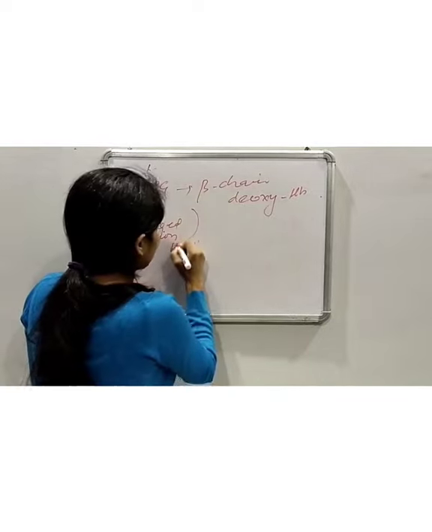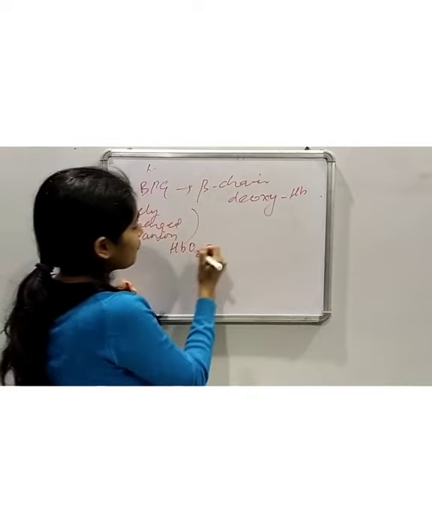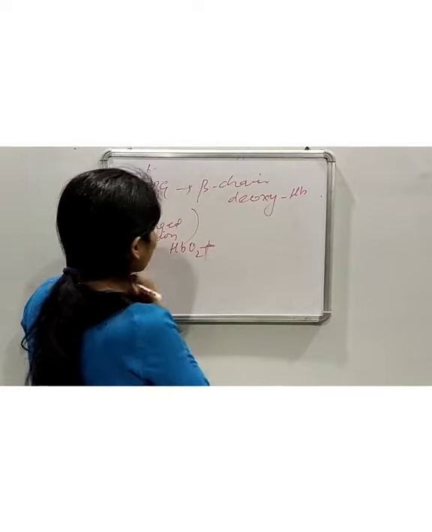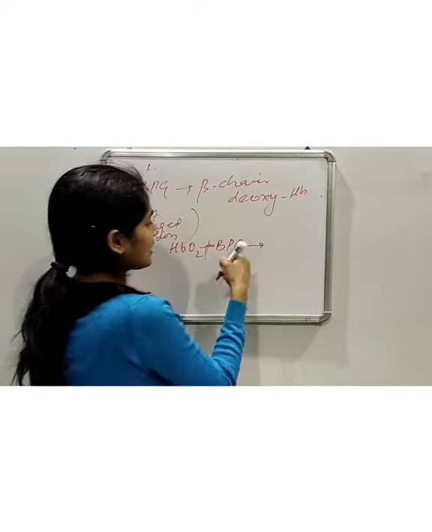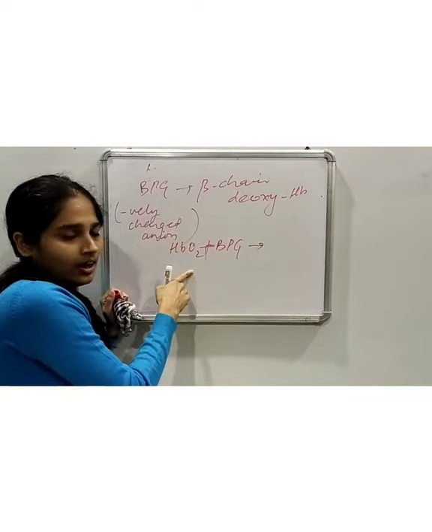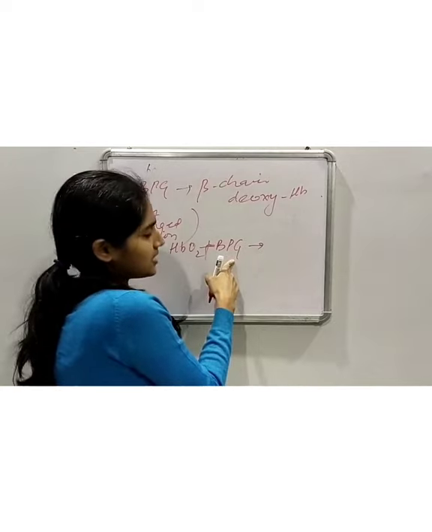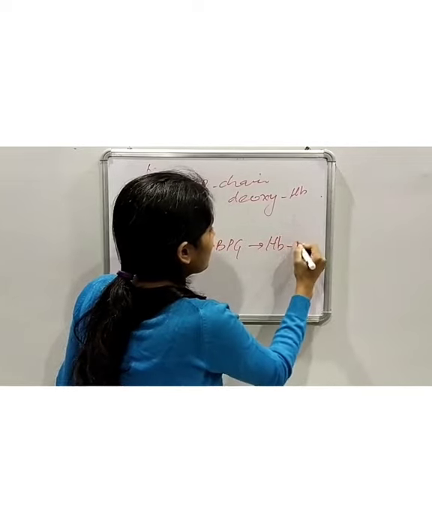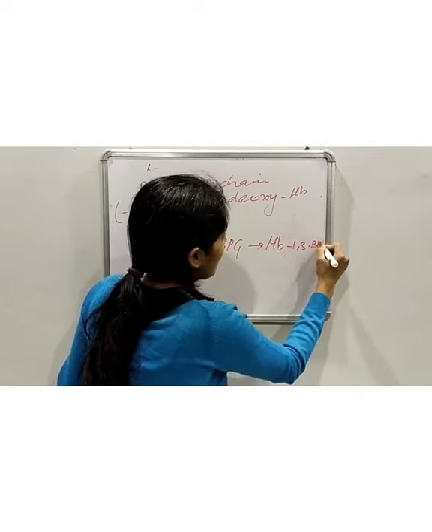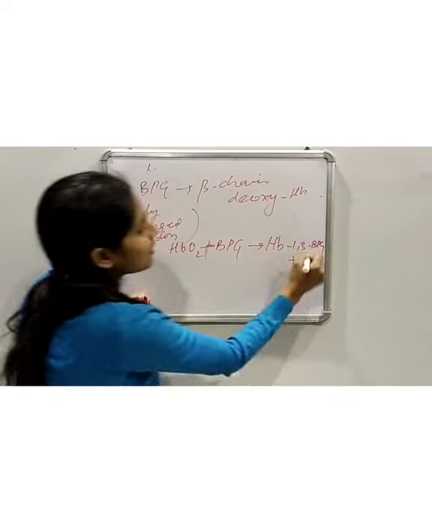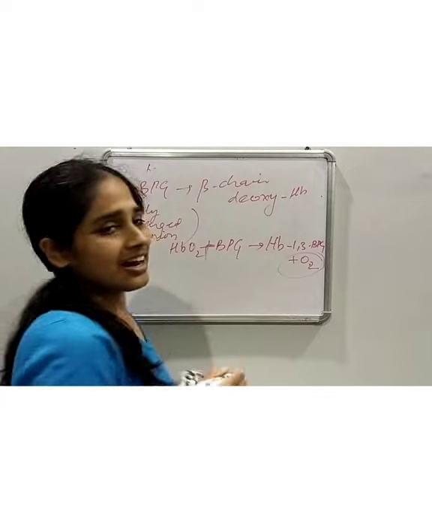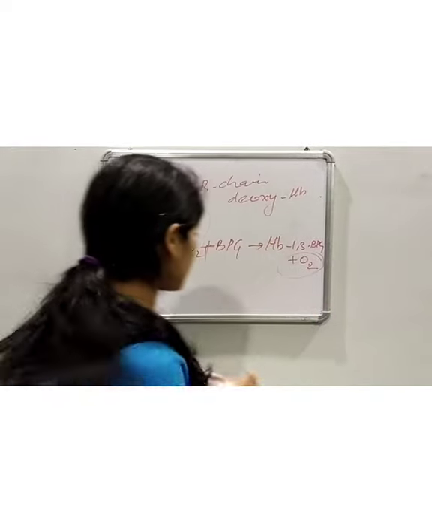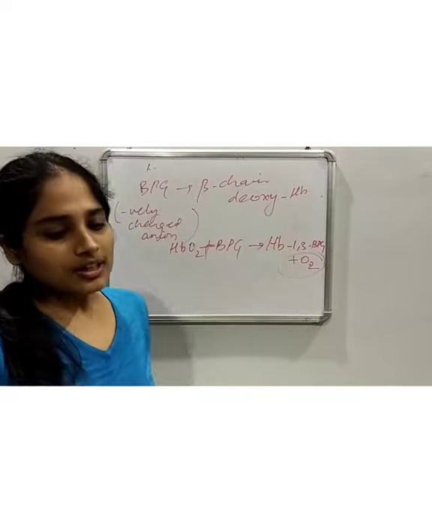So what happens? HbO2, if there is a high concentration of BPG, then the oxygen in the hemoglobin is replaced by BPG and we get Hb-1,3-BPG, and the oxygen molecule is released in the presence of this bisphosphoglycerate.